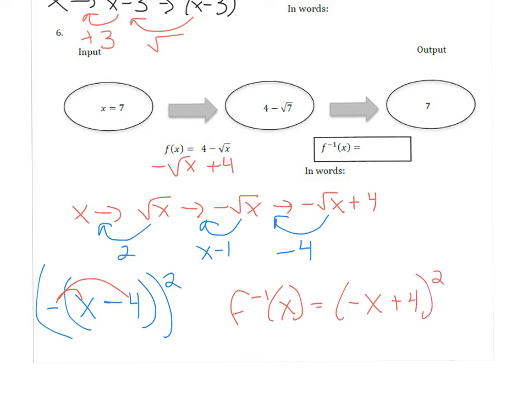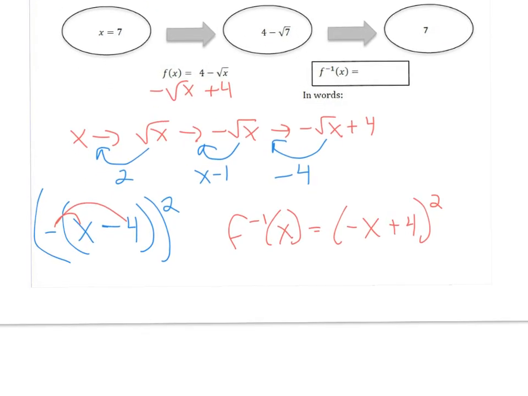Let's just check it to see if we will get that answer. Their result here is 4 minus root 7. So we've got negative of 4 minus root 7, plus 4, squared.